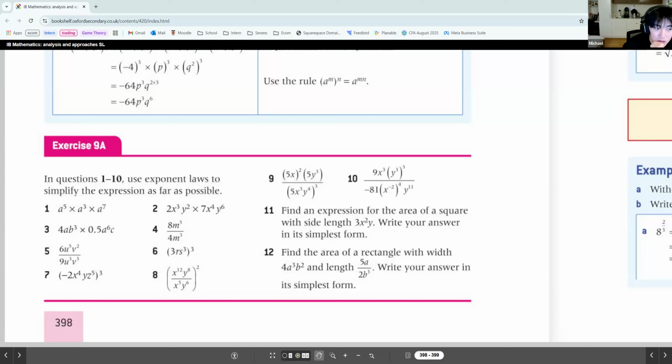Hannah, that's incorrect for 5. Close, but incorrect for 5. And then for 6, Hannah, that's incorrect for 6 as well.